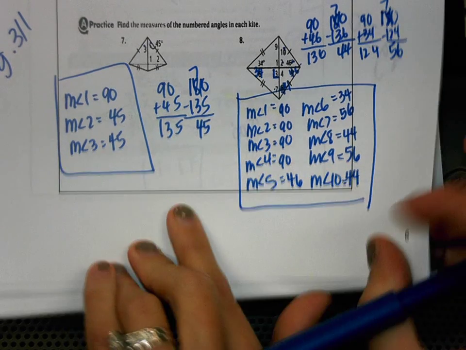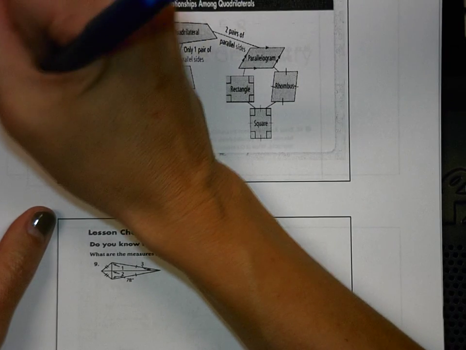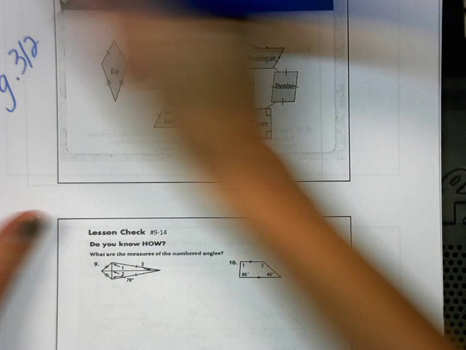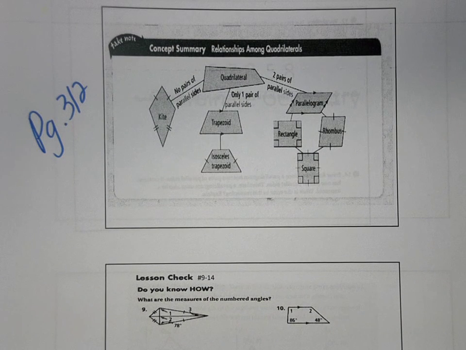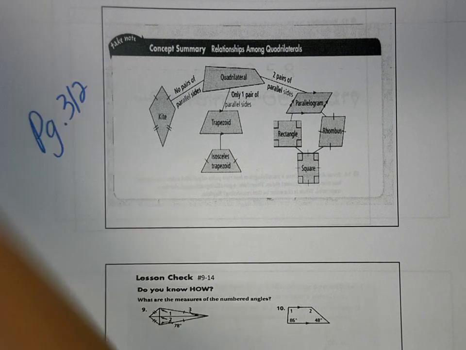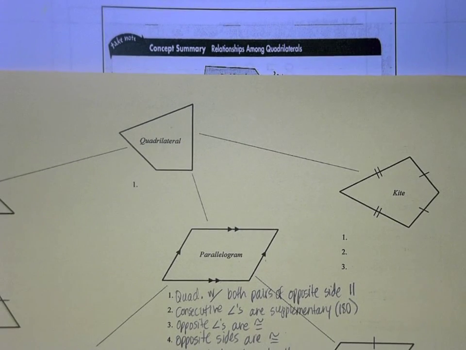Okay, if you turn to page 312, they have an example of what your yellow card is. So if you want to go ahead and get that out, we are going to mark everything that we don't have yet. I'm just going to give you a minute here to get that out.